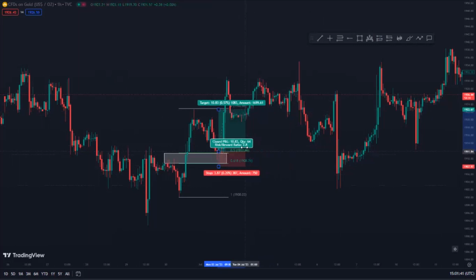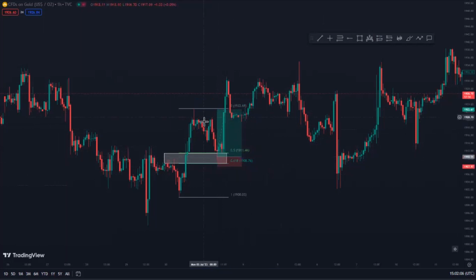Or you could use pending orders, right? Meaning that you can just place your buy stop somewhere in this zone so that whenever price gets to that zone, it activates your order. But the downside of this method is that if price just shoots all the way to the downside, it will automatically activate your order even though it doesn't reject at this level.